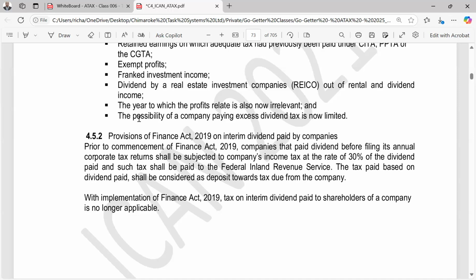Now, this has prevented them from being charged dividend tax, because they're only going to suffer tax on the 450. Because they have paid tax on the 400, they're only going to pay tax on the 50,000. That is the excess.